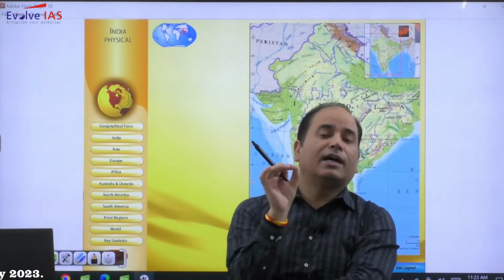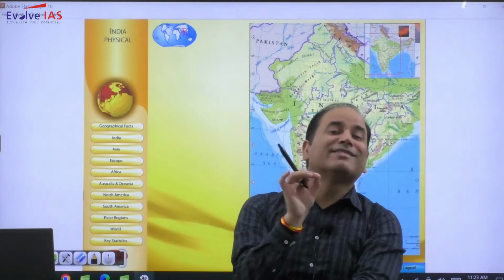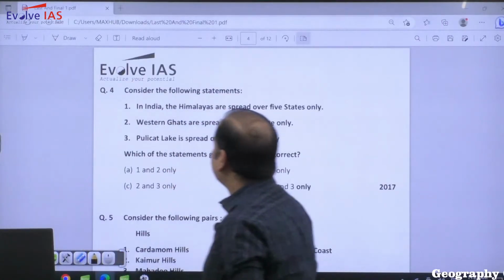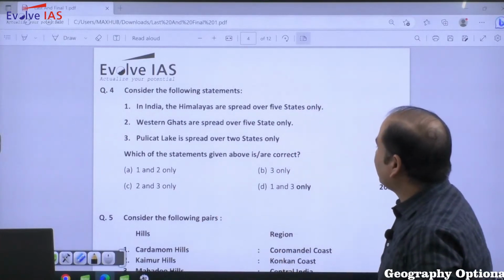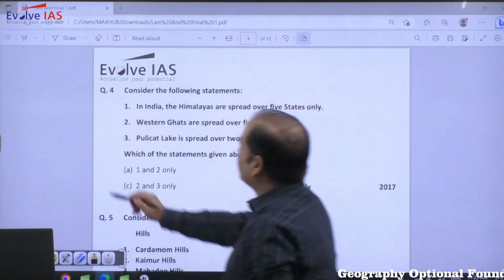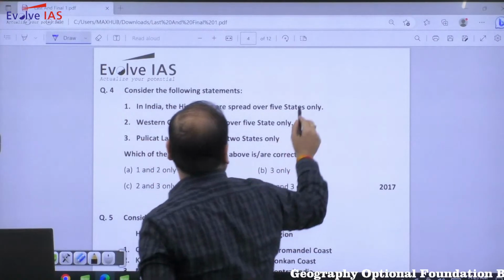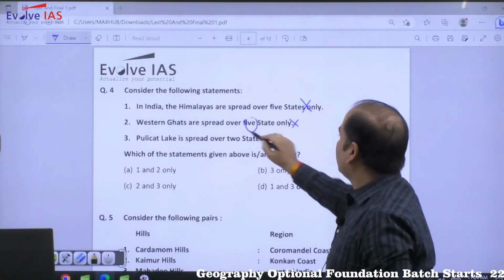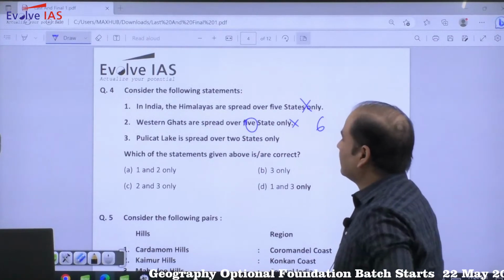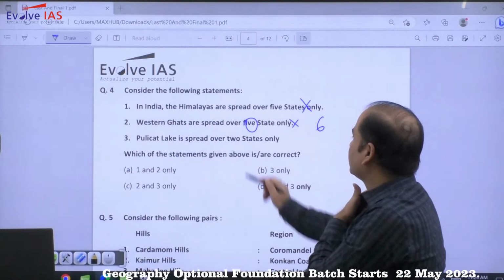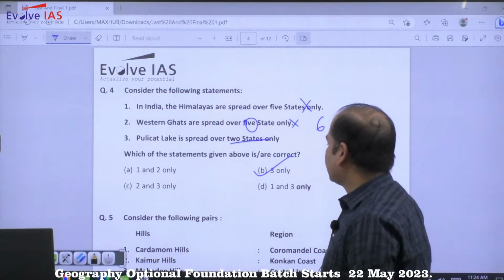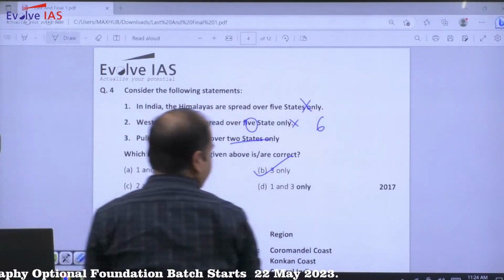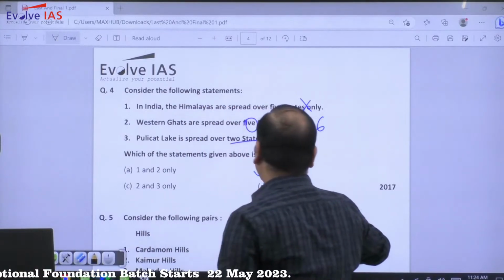So Western Ghat extends in 6 states, so it is not 5 states. The statement says Western Ghats are spread over 5 states only, so that is incorrect. Western Ghats are spread over 6 states. Pulicat Lake is spread over 2 states only. So this is the correct statement. This was the question that was asked in 2017.